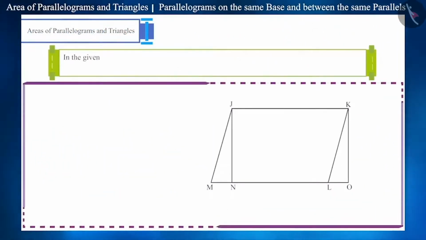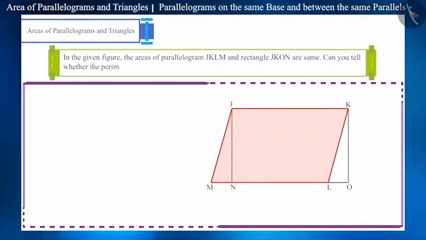In the given figure, the areas of parallelogram JKLM and rectangle JKON are same. Can you tell whether the perimeters of parallelogram JKLM and rectangle JKON will be same or not?